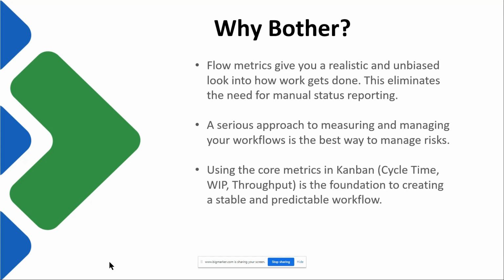And I think that's how we can use those three simple metrics: cycle time, work in progress, and throughput, the core metrics in Kanban, to set the scene, to lay the foundation of a predictable workflow that we can just take a look at, analyze, get a very good expectation what we can achieve, and then manage all the risks proactively, as we just said.